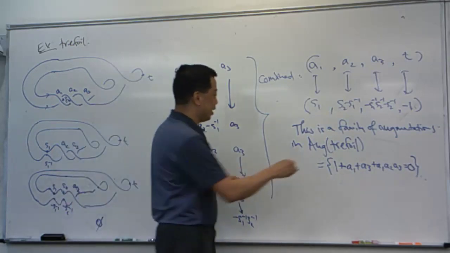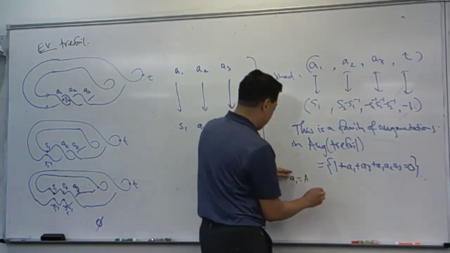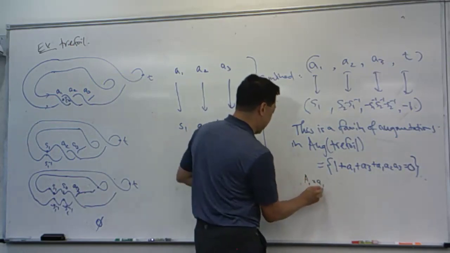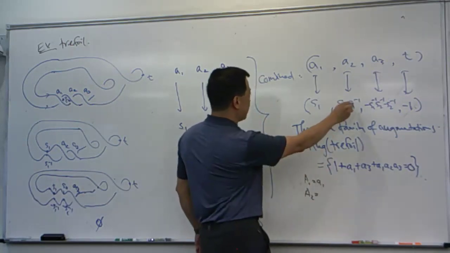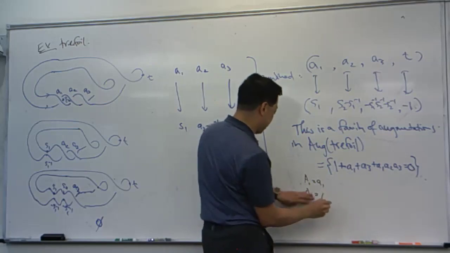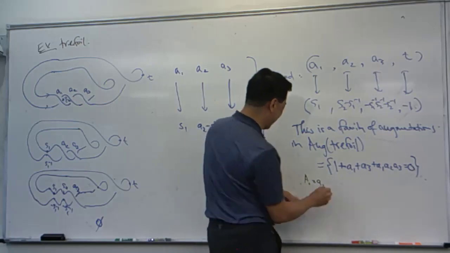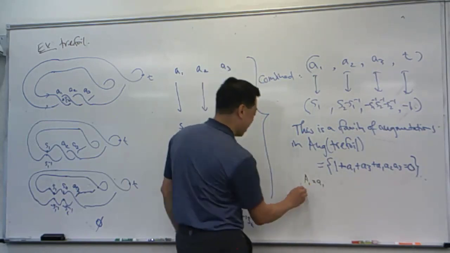Let's put it this way: capital A1 is A1, and capital A2 is S2, so that's A2. I can't do this on the fly. I apologize. Okay.